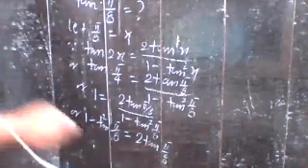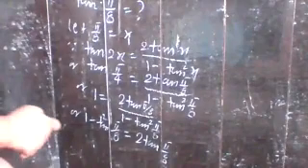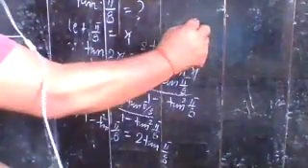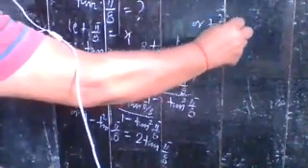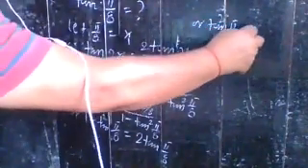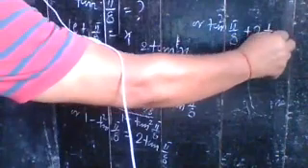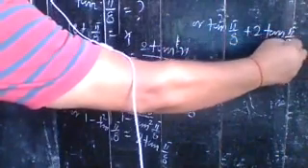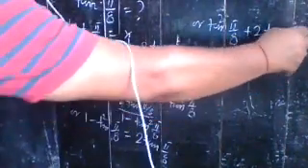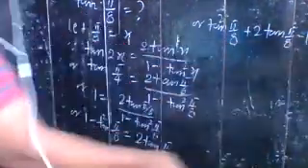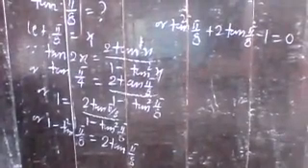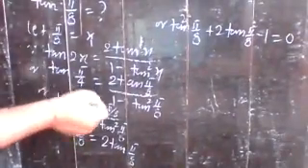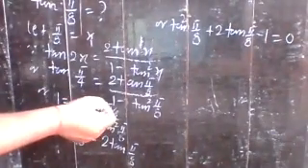Or you can write tan square pi by 8 plus 2 tan pi by 8 minus 1 is equal to 0. In this way, you have a quadratic equation in terms of tan.